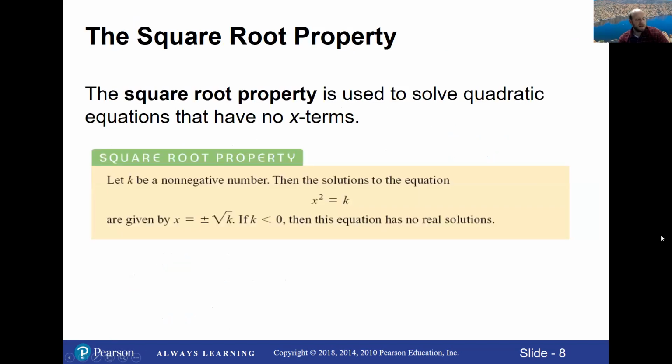Okay, now let's learn some other properties of solving quadratics. Sometimes we don't have a middle x term, and that's when we have to use the square root property.